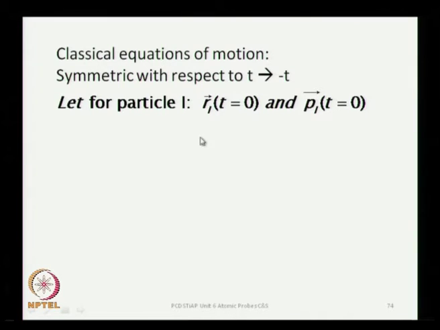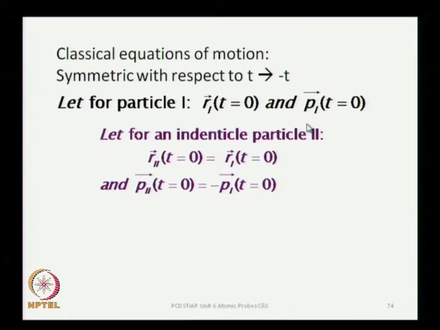that if you have a particle 1 which is at position vector r1 and momentum vector p1 at t equal to 0, and if there is an identical particle, particle 2, whose position at t equal to 0 is the same as the position of particle 1 at t equal to 0, but its momentum is opposite, its linear momentum is opposite.